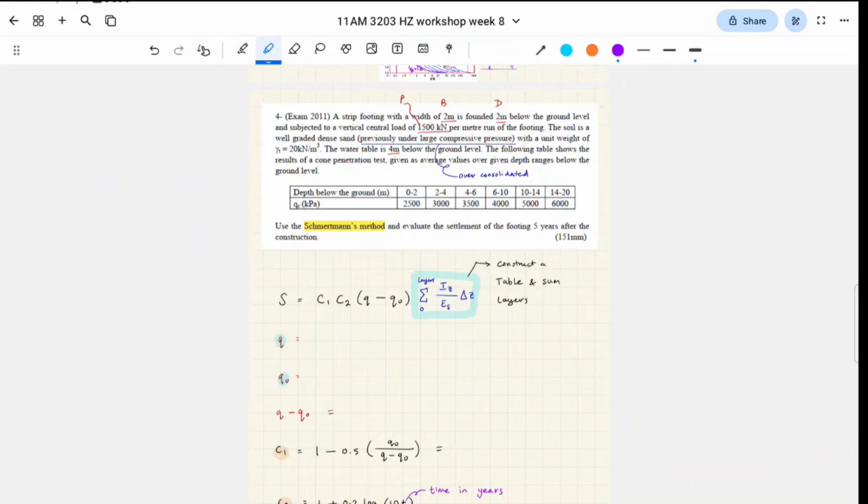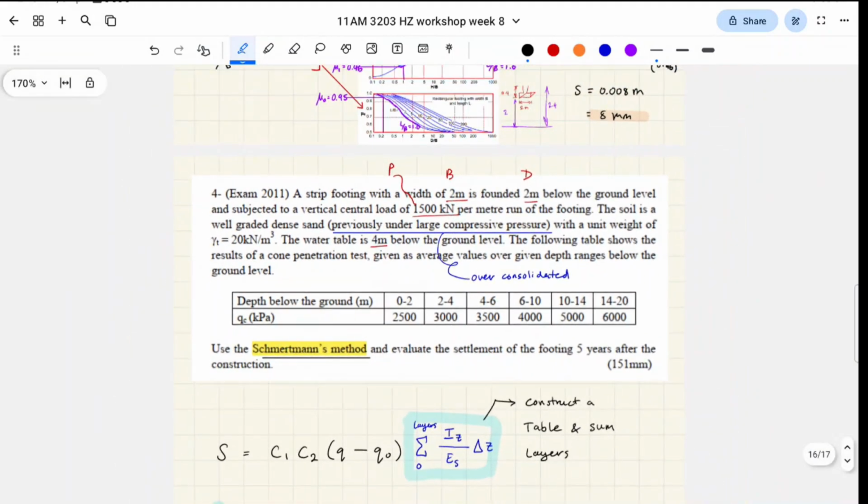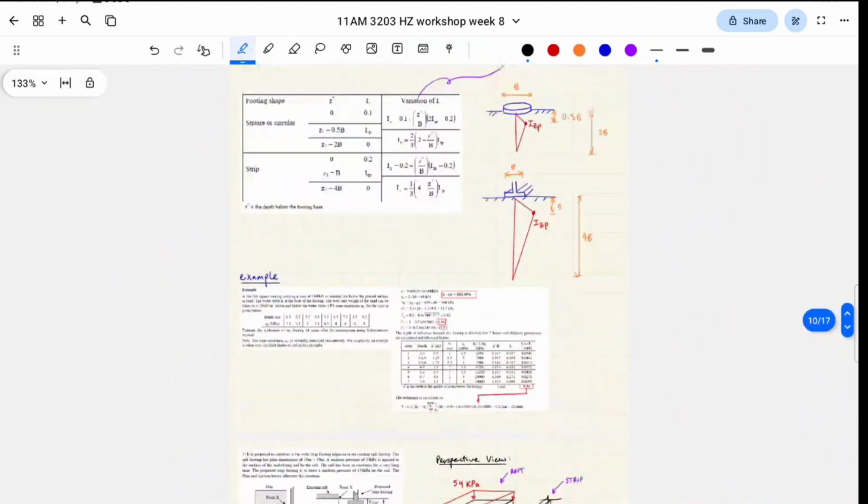So question 4 here. The idea is that the Schmertmann method is based on field testing. So let me scroll up to the content real quick.